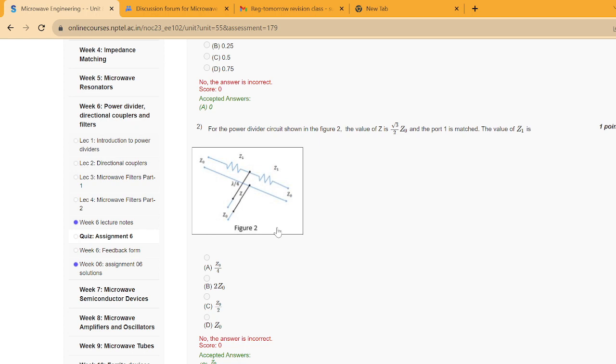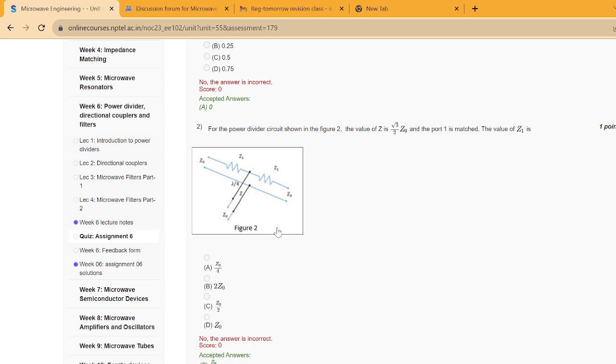The easy way to do it is to square both sides. So, 3 by 4 Z0 square is equal to Z0 into Z1 plus Z0 divided by 2. Z0, Z0 will cancel. 4 and 2, this will become 2.